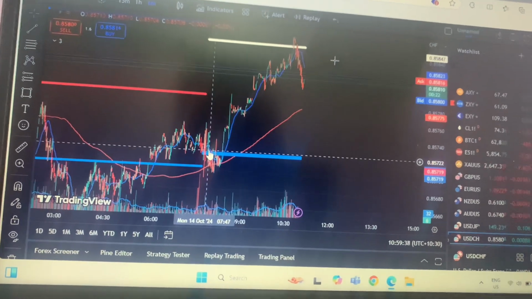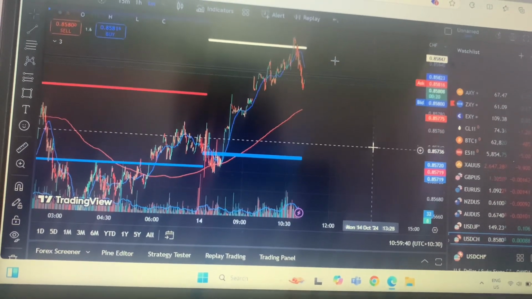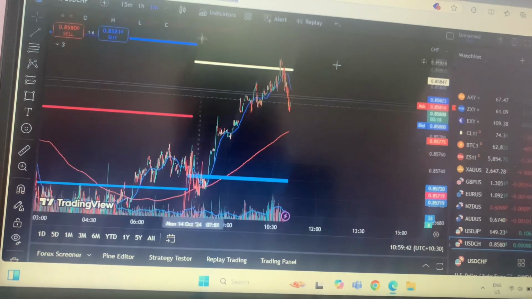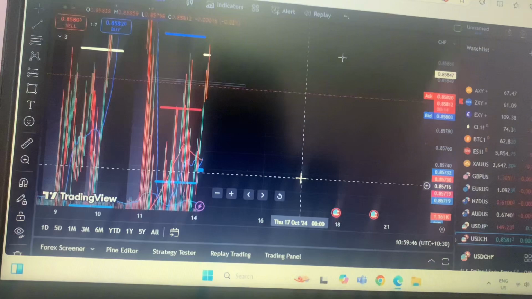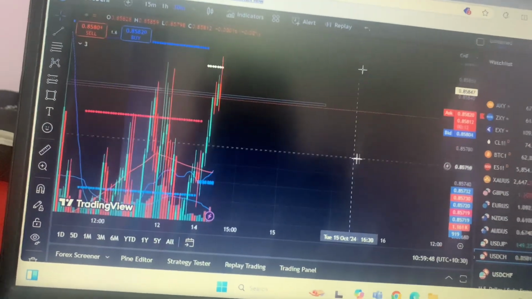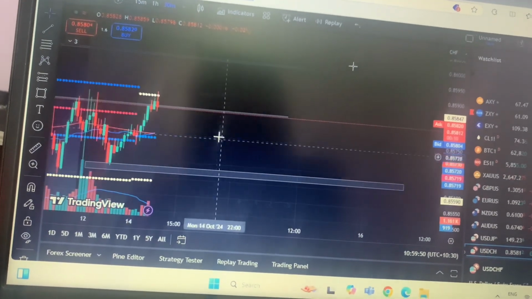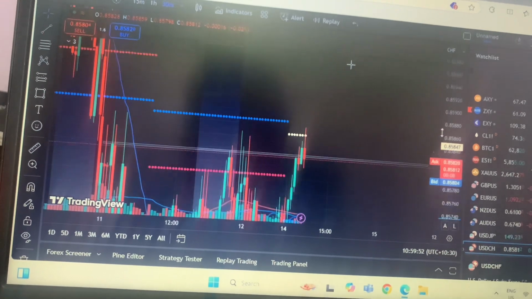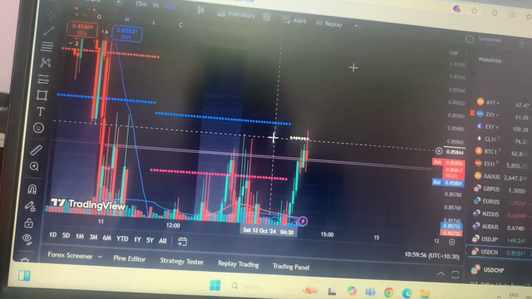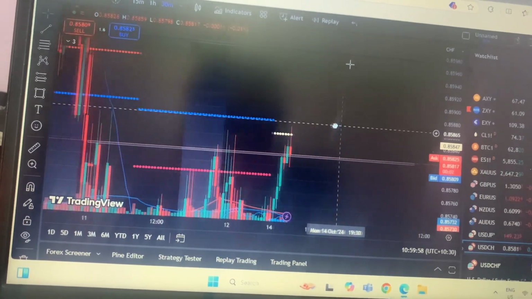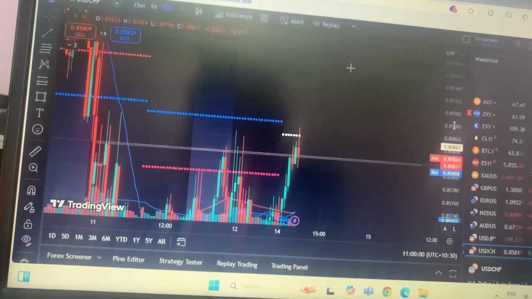It already had a very good move, but we will see according to our setup from the 30 minutes. So we are looking for price to close above the previous day's high or something like that, and once it is done, then we'll look for a buy entry. All right.